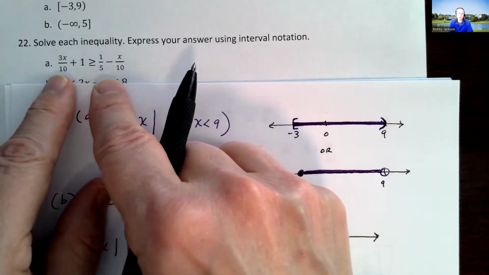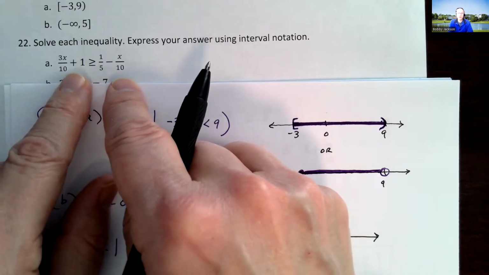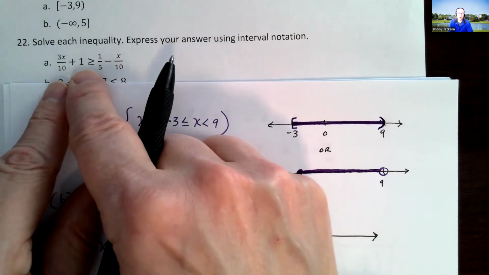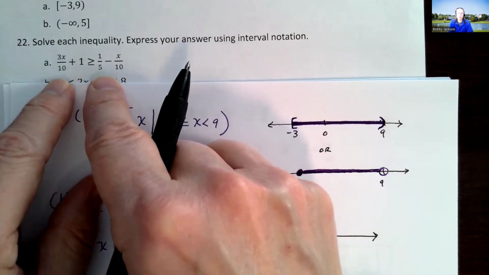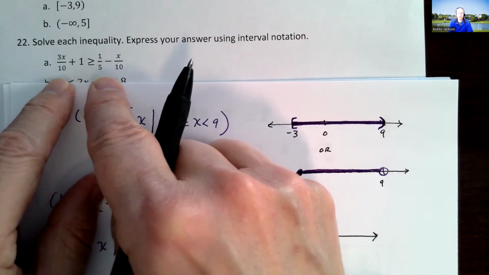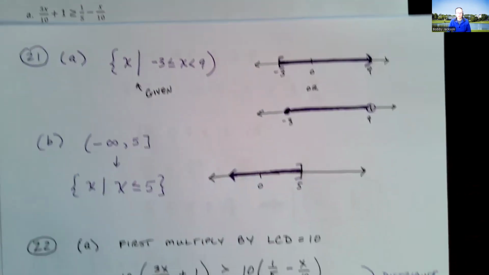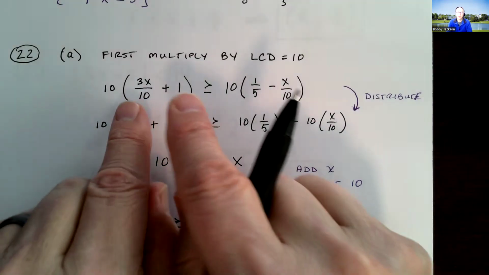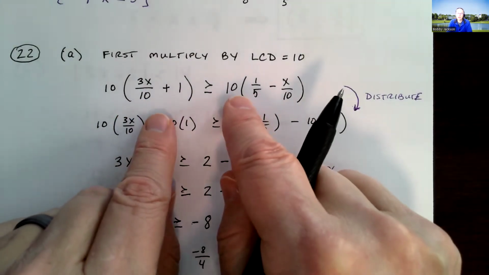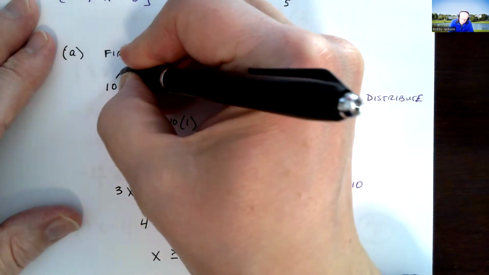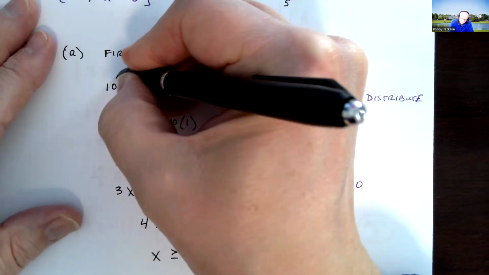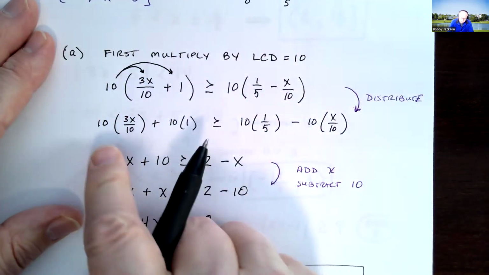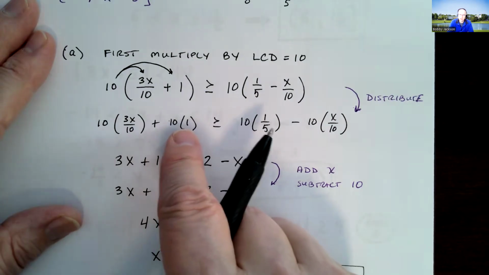And our denominators are 10, 5, I guess 1 divided by 1 here, so 1. So the least common denominator, hopefully everyone sees, is 10. So I'm going to multiply everything by 10. So this side I'm going to multiply by 10, and this side I'm going to multiply by 10. And I distribute that through, right? So 10 times 3x over 10 plus 10 times 1.